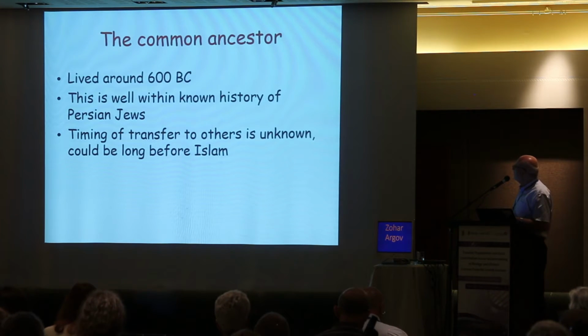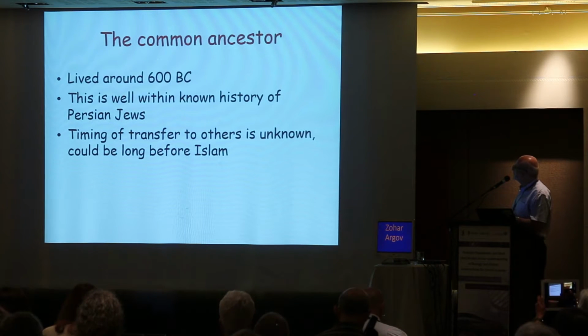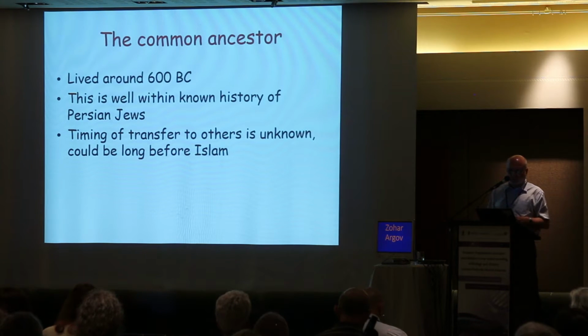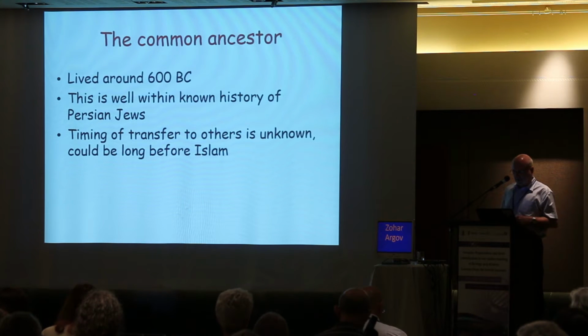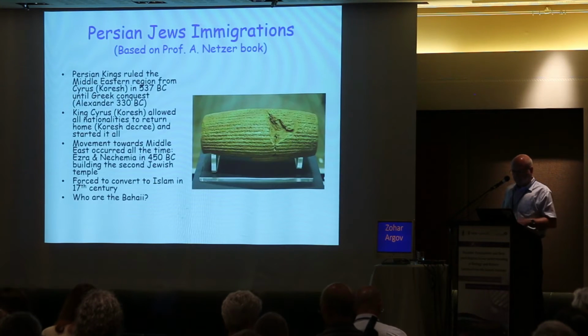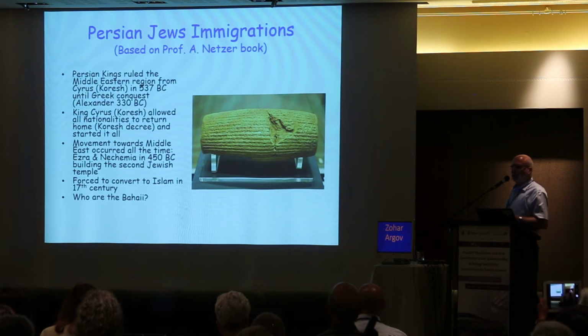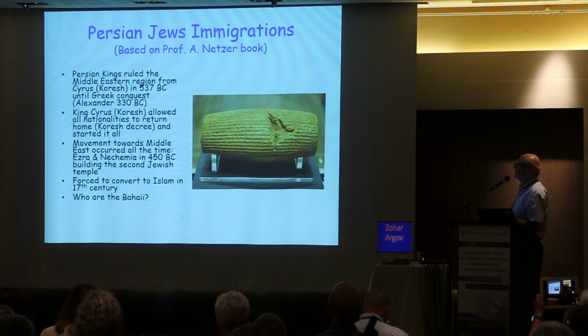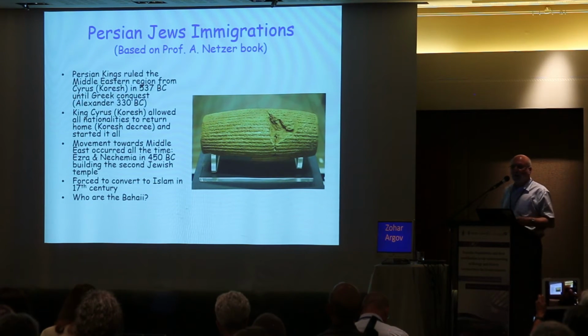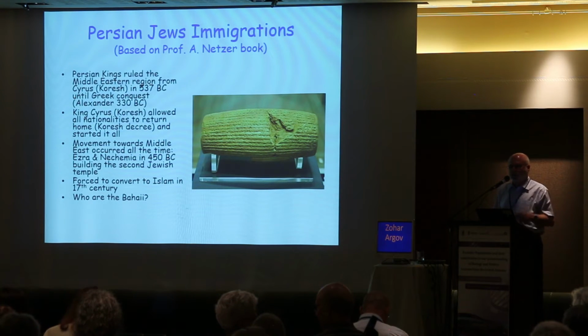Well, we know that the common ancestor lived about 600 BC, and yes, it is within the well-known history of the Persian Jews and this region of the world. What do we know about it? We know that the Persian kings ruled the Middle Eastern region, especially the great conqueror, King Cyrus, whom we and the Persians call Koresh.